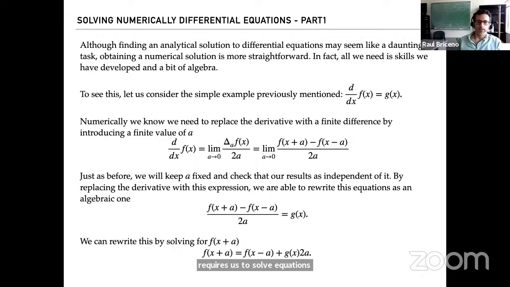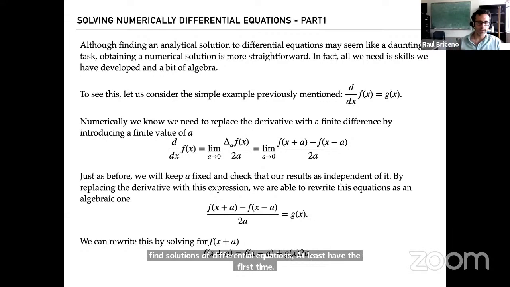So although finding solutions analytically can be a daunting task and requires quite a bit of calculus, finding numerical solutions is super easy. And everything you've done already is enough for us to find solutions of differential equations, at least of the first kind. And I'm gonna show you this in just a second.